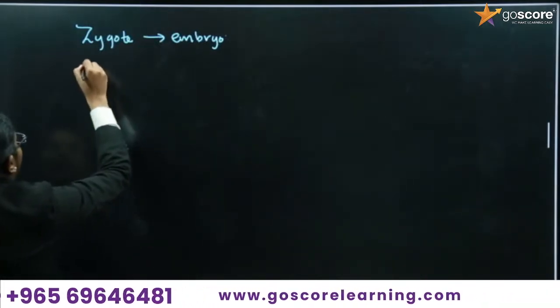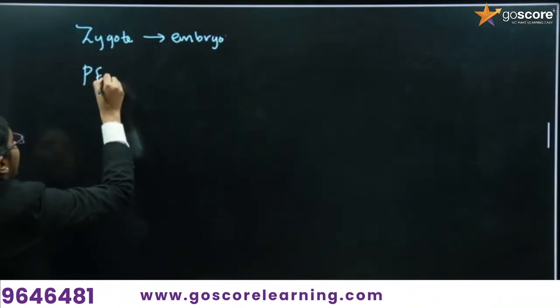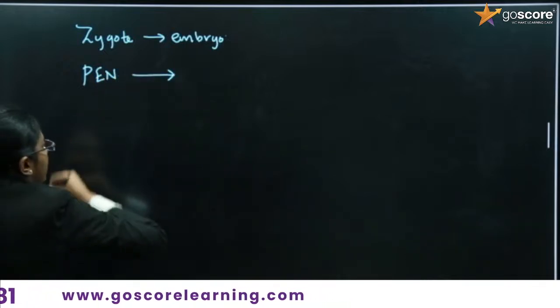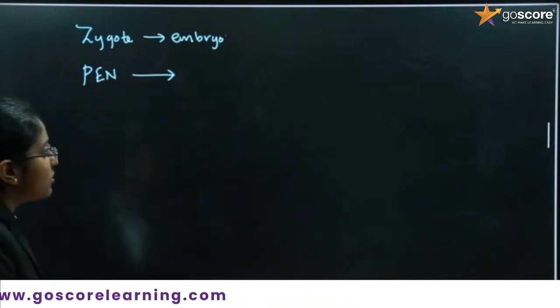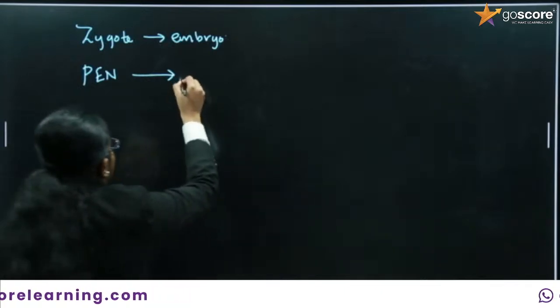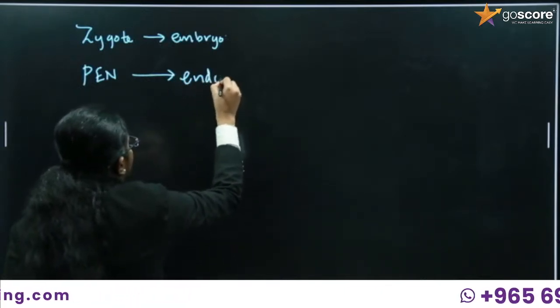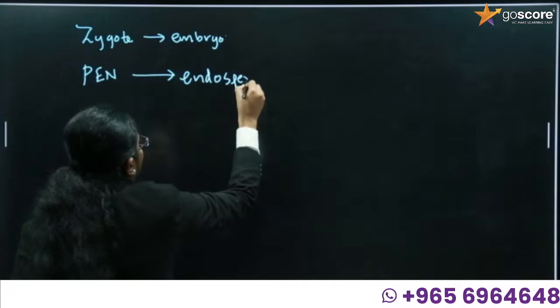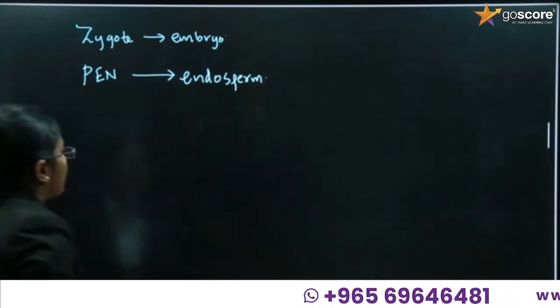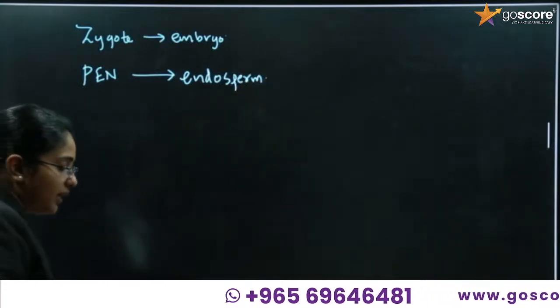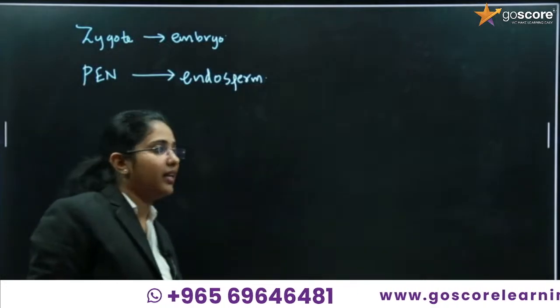Then the primary endosperm nucleus also undergoes division and forms a structure called the endosperm. Is it clear?